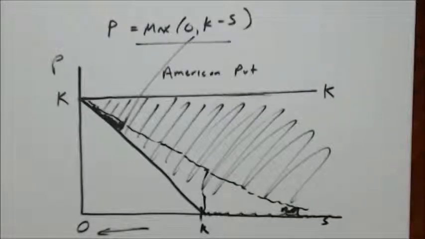Okay, now we're in a position to decompose put values into the three components, just like we did with call options. We have intrinsic value, time value, and insurance value.